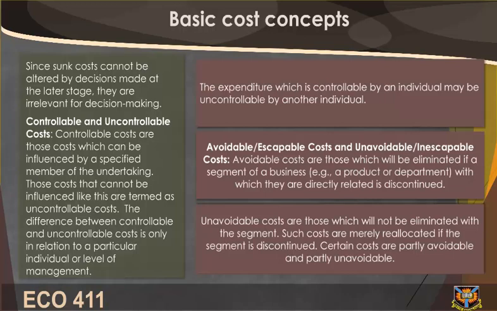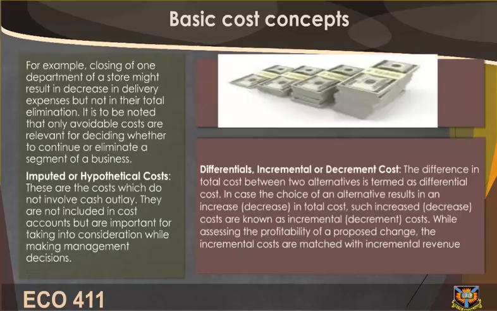Certain costs are partly avoidable and partly unavoidable. For example, closing of one department of a store might result in a decrease in delivery expenses, but not in their total elimination. It is to be noted that only avoidable costs are relevant for deciding whether to continue or eliminate a segment of a business.